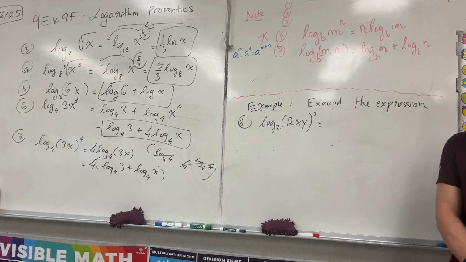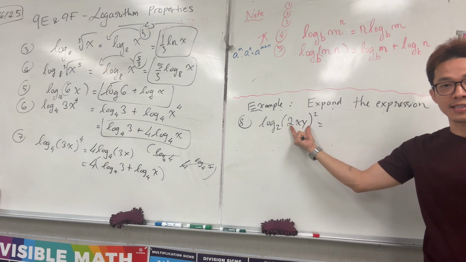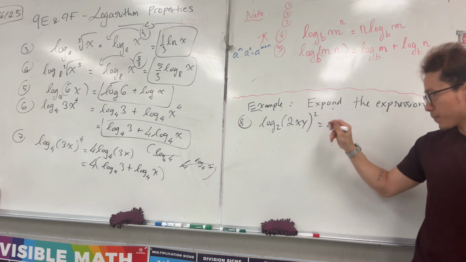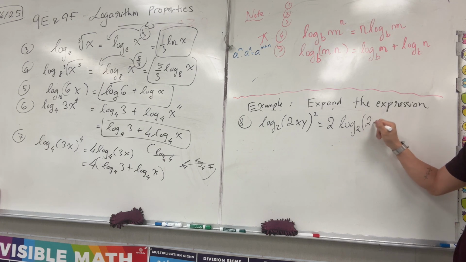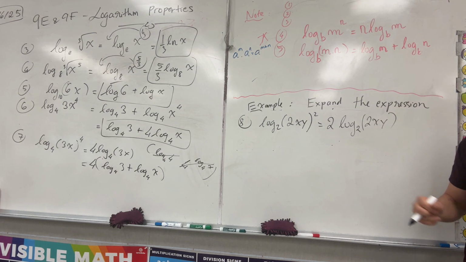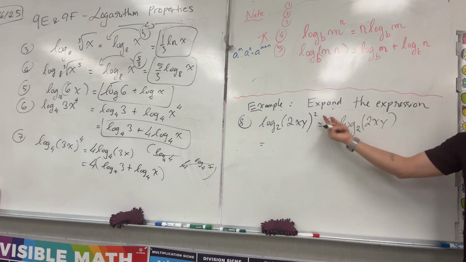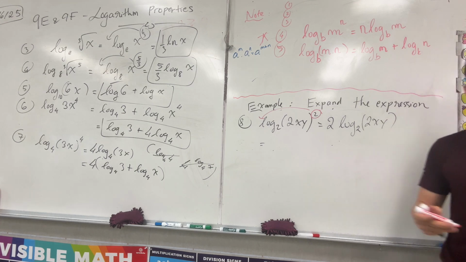It's very similar. Does the 2 here affect everything inside? Yes, right? So 2xy. Okay, let's do it one by one. Let's do it slowly so everybody can keep up. First, you just need to bring down the power to the front.